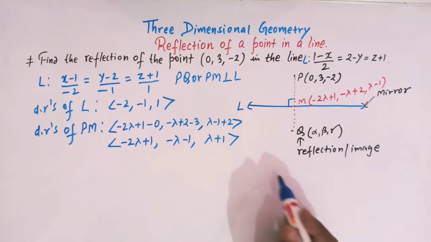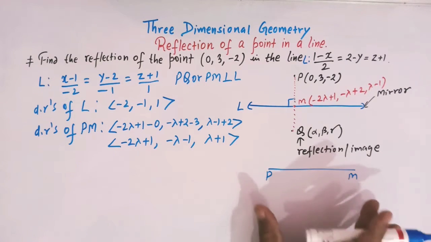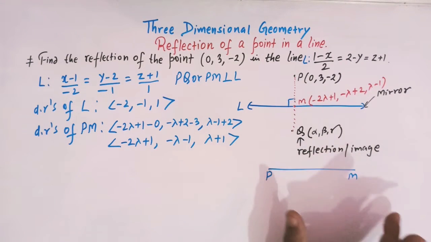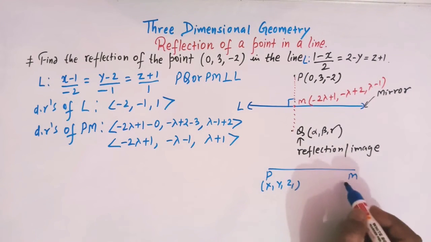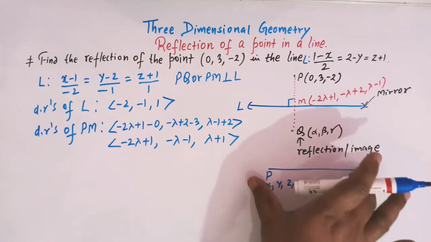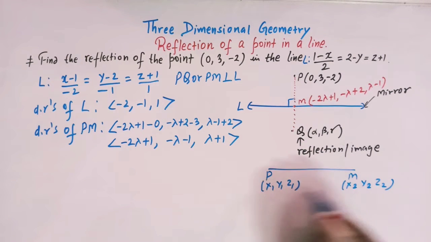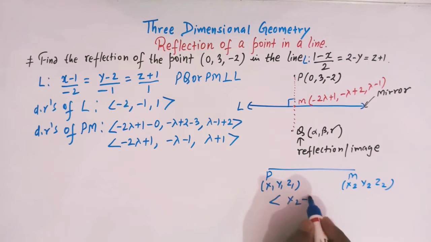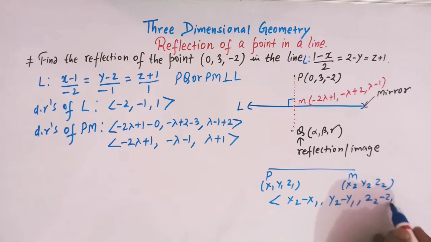So we have P and M, right? We know that whenever we have two points on a line, that is x1, y1, z1 and x2, y2, z2, then the DRs of the line PM can be obtained by subtracting the respective coordinates, so y2 minus y1 and z2 minus z1.